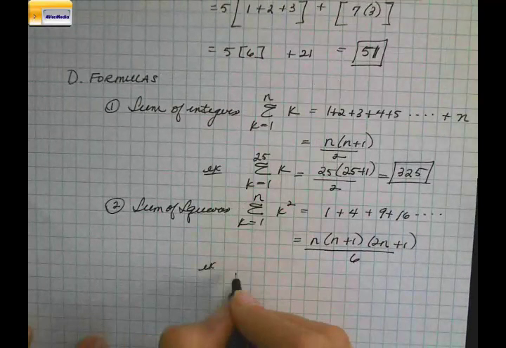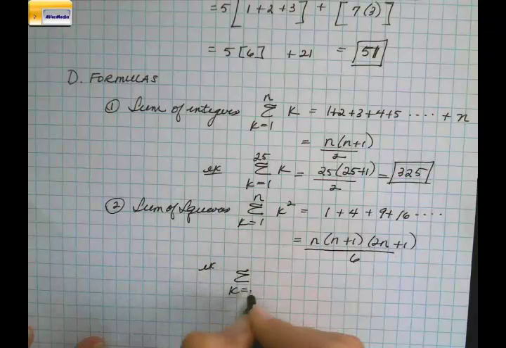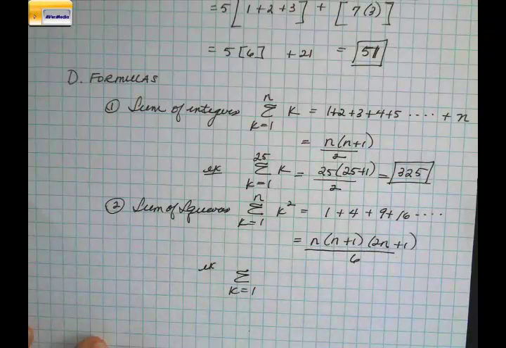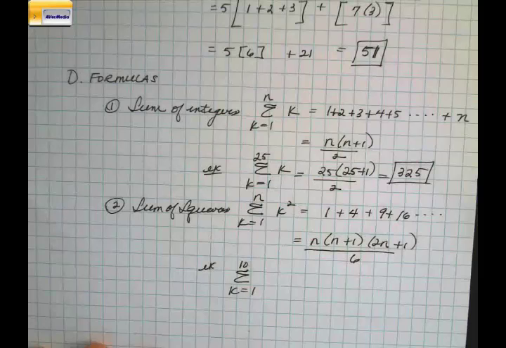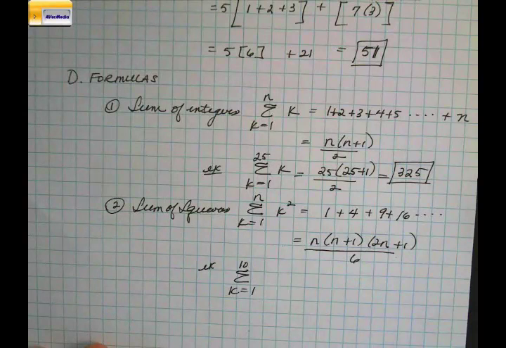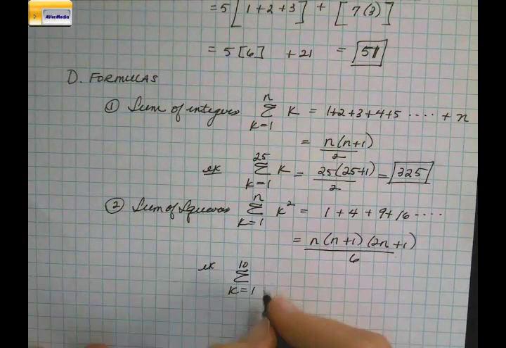So for example, if you wanted to sum up the perfect squares from 1 to 10, it's not very big, right? That's 1 plus 4 plus 9 plus 16 plus 25 plus 36 plus 49, plus 64 plus 81, and so on.